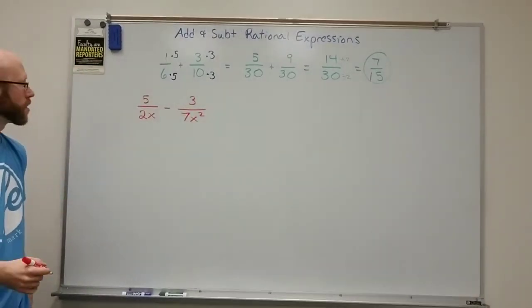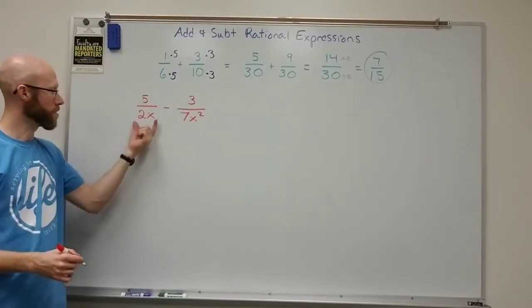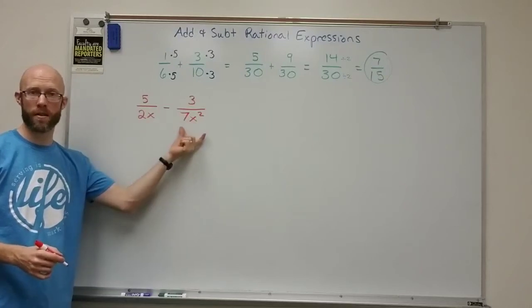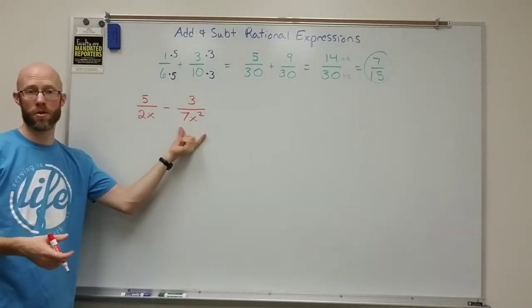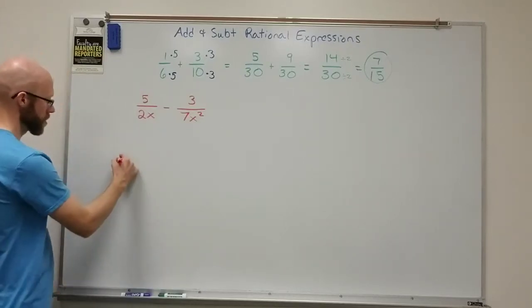Okay. So when I try to combine these, I have rational expressions because I've got variables involved. And now I need to find the LCD first.